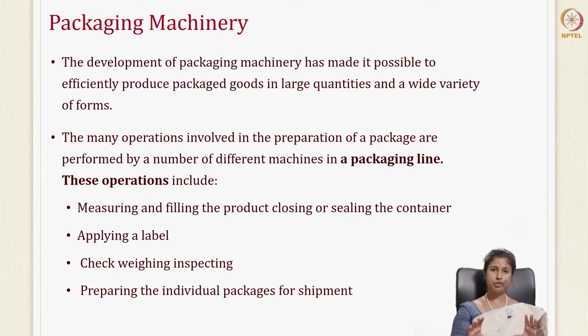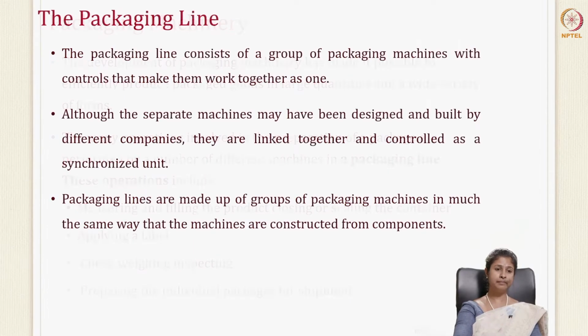Apply the label onto it. Then check the weight and inspect it. And prepare each of these individual packages for your shipment, which includes putting them in secondary packages and then again in the tertiary, applying your ancillary packaging equipments, applying your adhesives and labels, and then finally preparing it for your shipment. So all this comes in your packaging line.